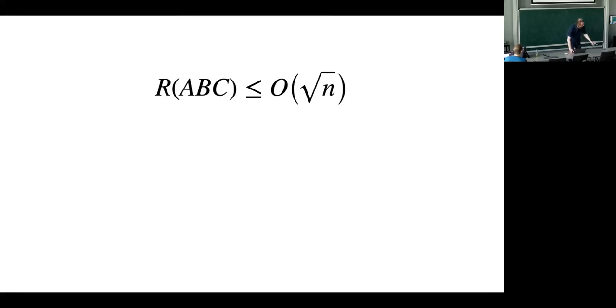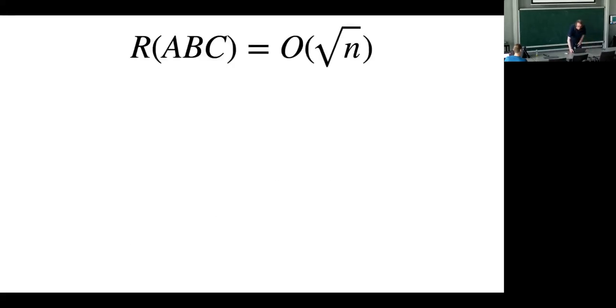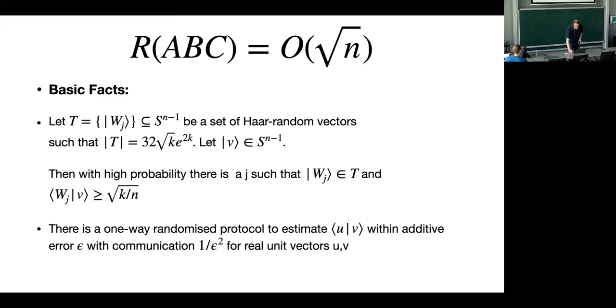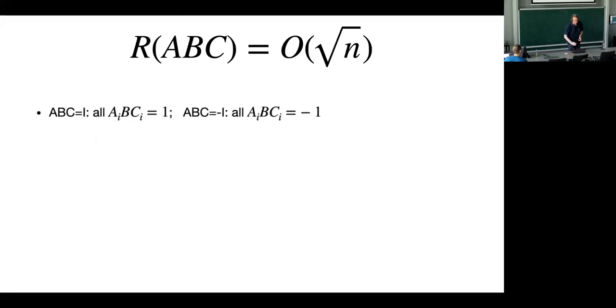So I don't have that much time. There's a randomized protocol that does this ABC problem with communication square root n, and let me just try to sketch the protocol.